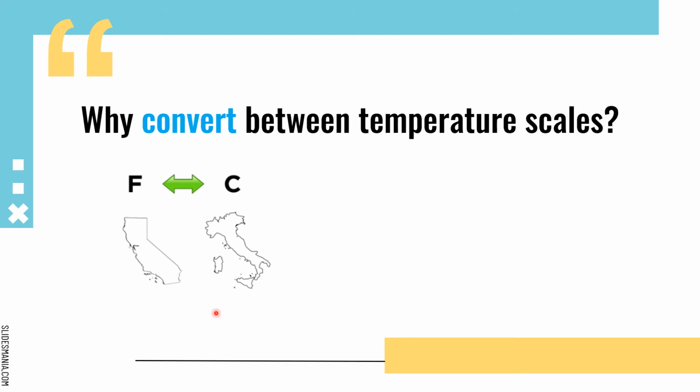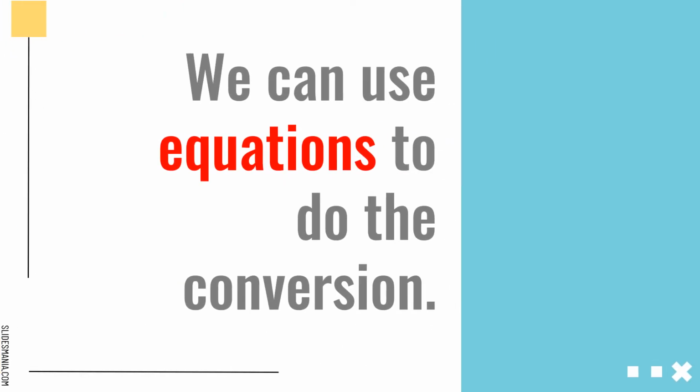So, for comparison of temperature, since not every country uses the same temperature scale. Another, it is also important that we know how to convert so we could solve problems involving scientific calculations. So let's now learn the equation that we can use to do the conversion between these units.